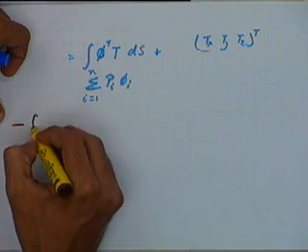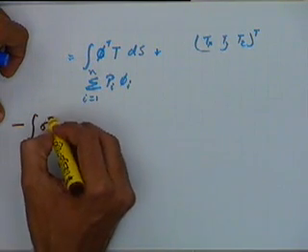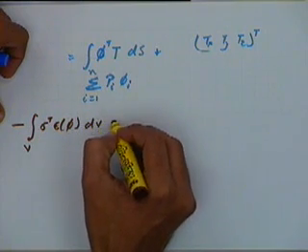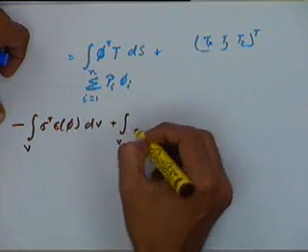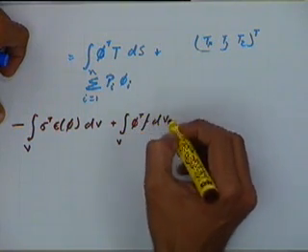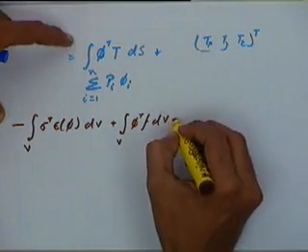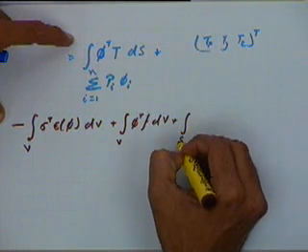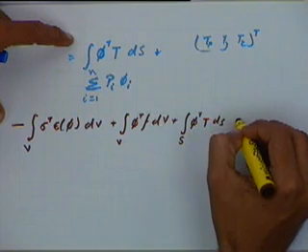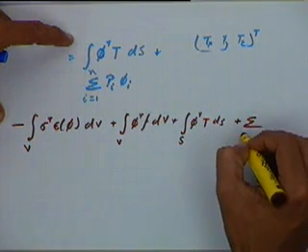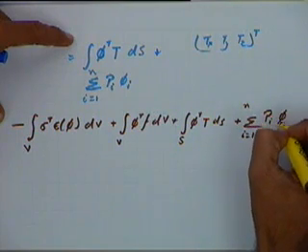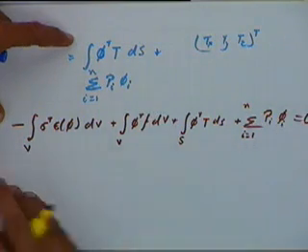minus of volume integral of sigma transpose epsilon of phi dV plus volume integral of phi transpose f dV plus surface integral of phi transpose T ds plus sigma i going from 1 to n Pi phi i, and this term should be equal to 0.